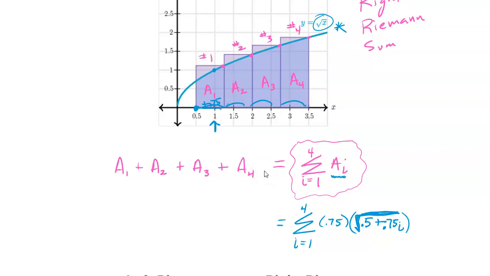Remember how we started with 0.5, but we needed the right-hand side of the rectangle, so we added 0.75 onto the first term. Well, for left endpoint, we want the left-hand side of the rectangle.